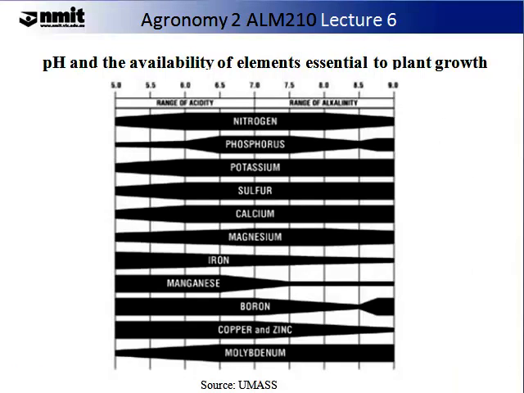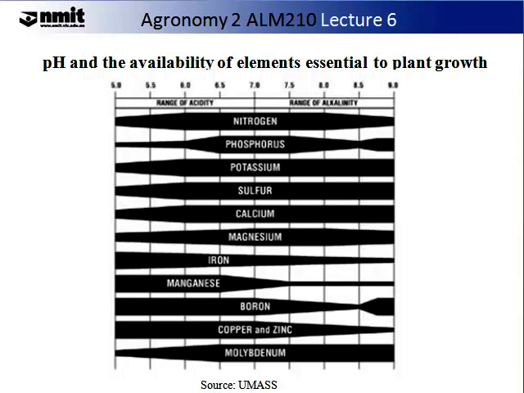The figure on this slide is another visual representation of the relationship of pH and the availability of essential elements to plant growth. The larger the area in black, the more mineral present at that pH.